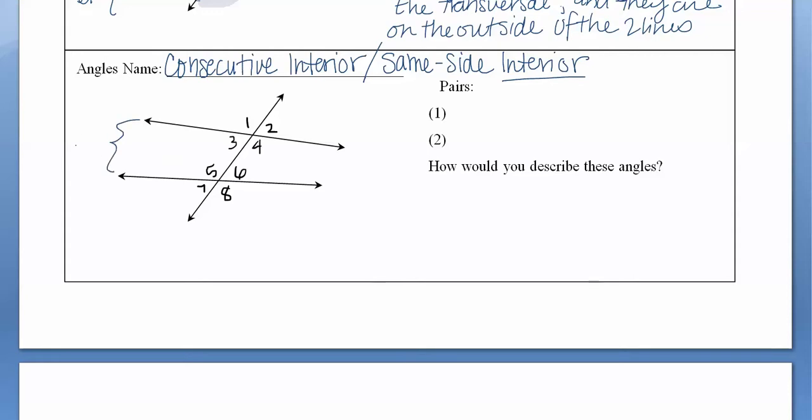So we're just looking here. But instead of alternating, they are on the same side of the transversal. So let's start with 3. So 3 would go with 5. So I didn't go onto the opposite side of the transversal this time. So 3 and 5 is one pair.